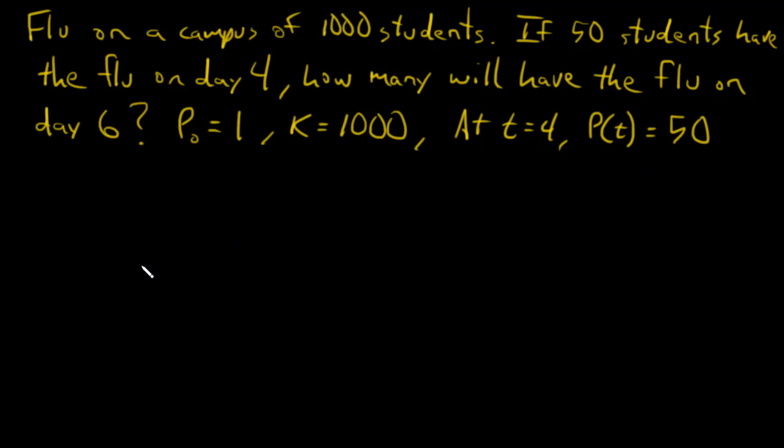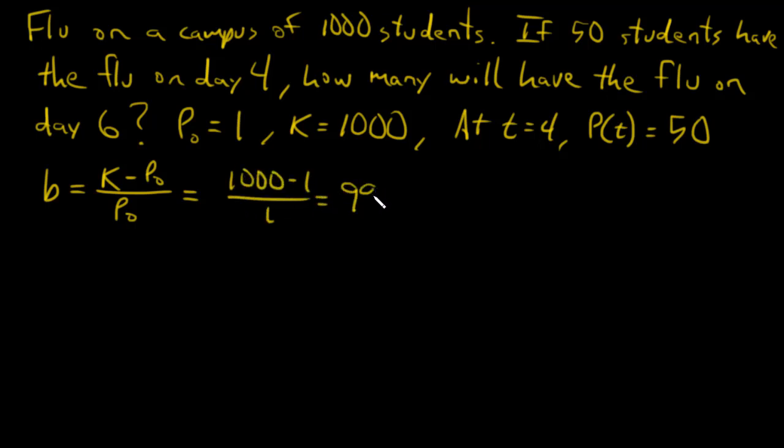So the first step is to find our B. B is going to equal K minus P naught divided by P naught. So B is going to equal 1,000 minus 1 over 1, which is going to be 999. Alrighty, so we have our B. Now we need to use the initial condition to find our R. Just as a reminder, our model is P of T is equal to K over 1 plus B times E to the negative RT.